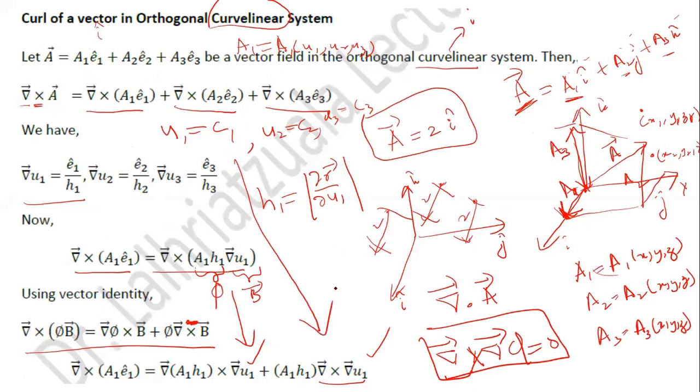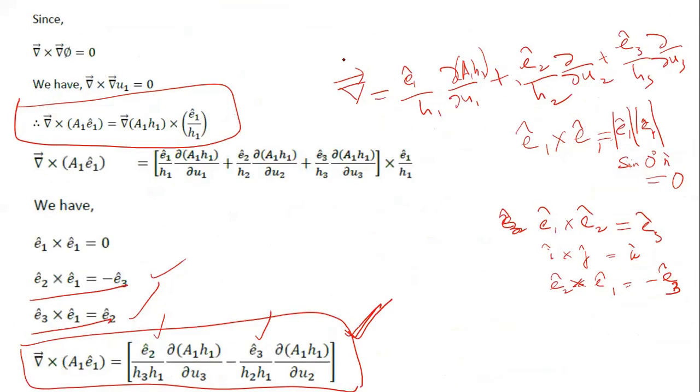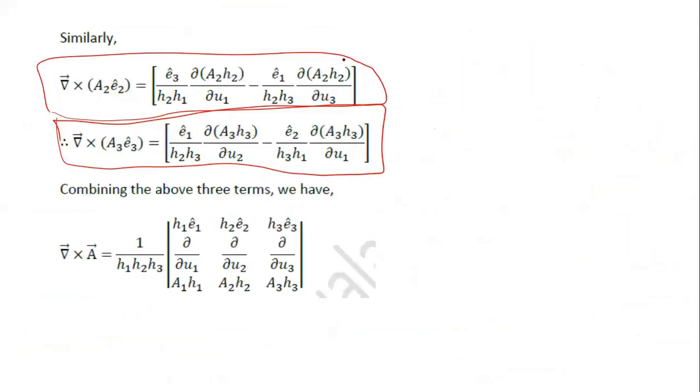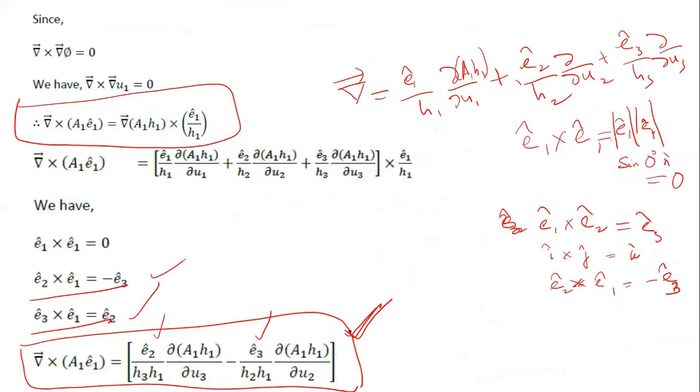By following the steps over here, please obtain the expression for curl of a2 e2 cap, curl of a3 e3 cap yourself. If you derive all the steps yourself, you will have confidence in these mathematical steps. It's not an assignment, I'm not going to give marks for it, but for your own sake, for your own purpose of learning, please derive this yourself, just like you obtained this.